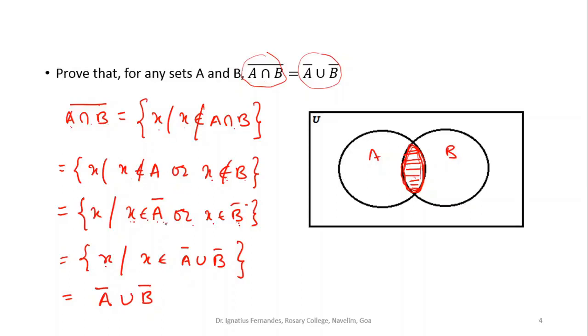So by using the definition, we have proved that A intersection B complement is equal to A complement union B complement. That is the second De Morgan's law. So if not a Venn diagram, this is how you can use the definitions in proving various results in set theory.